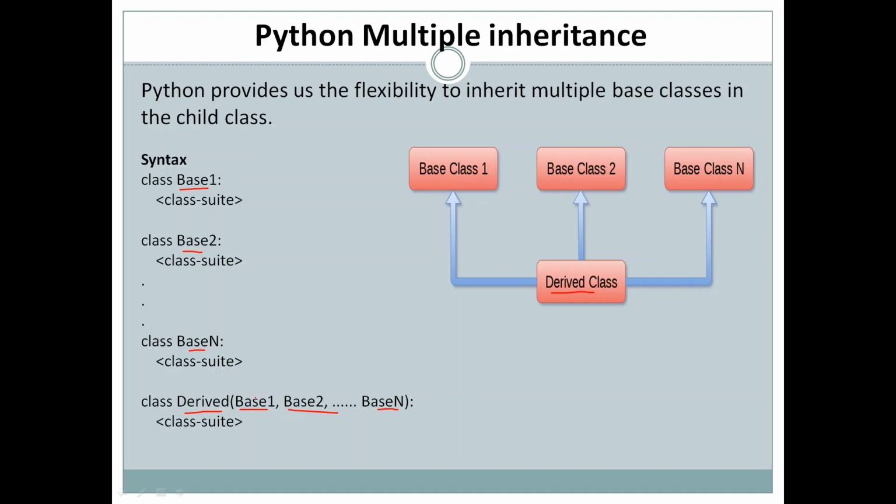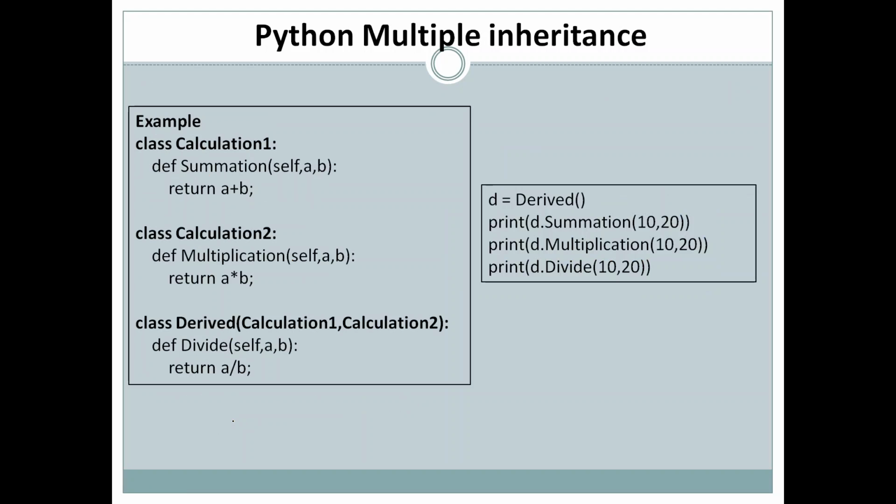So all the classes from which it is inheriting are separated by using a comma in between. So you have to use a comma in between to specify multiple classes from which the class has to inherit. Okay, so this is how multiple inheritance works in Python.